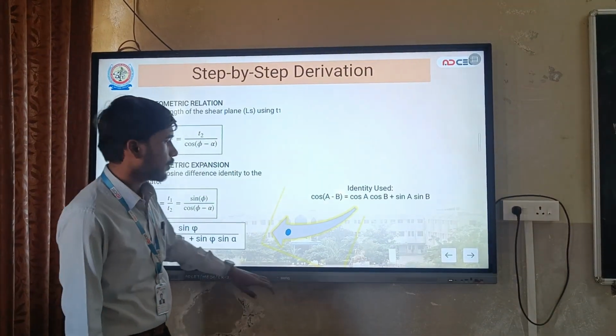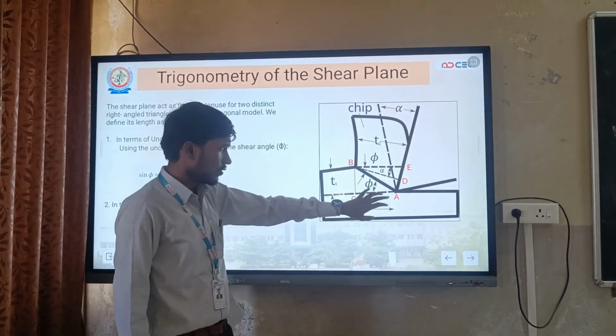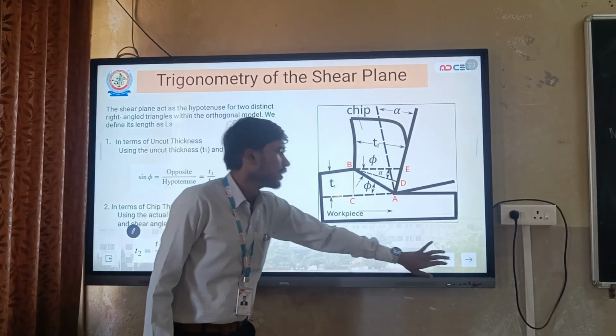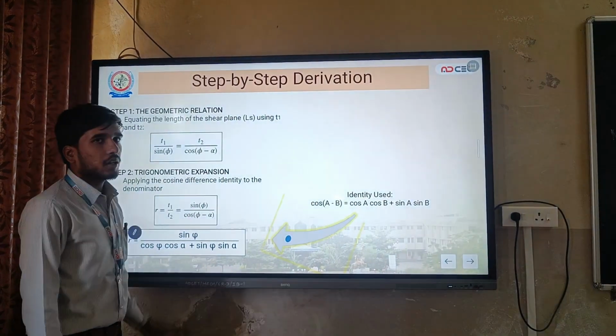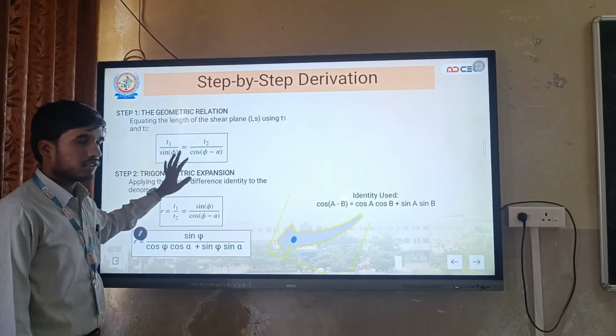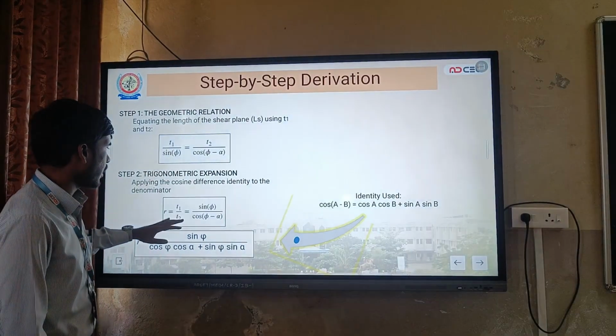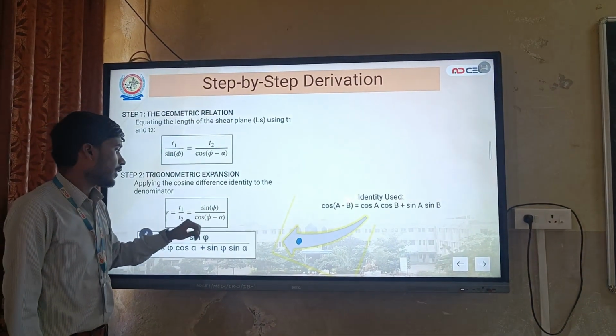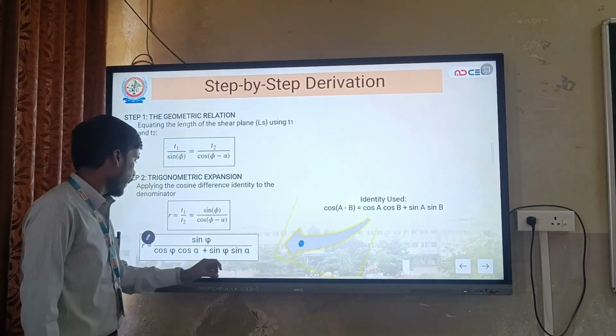The same we apply for the angle DAC, so we get t2 divided by cos(phi minus alpha). If we equate both equations, we get t1 divided by t2 equal to sin phi divided by cos(phi minus alpha).